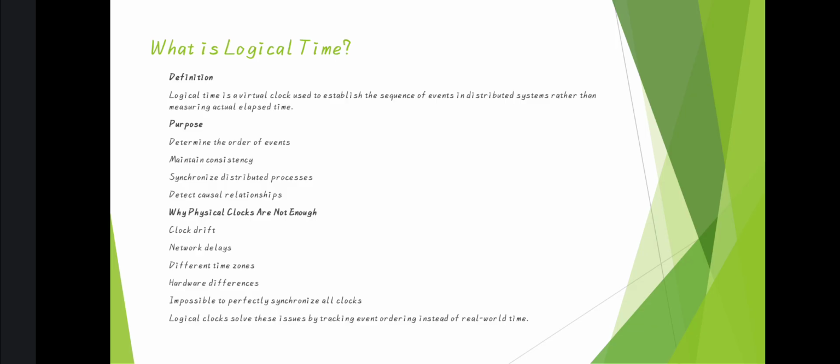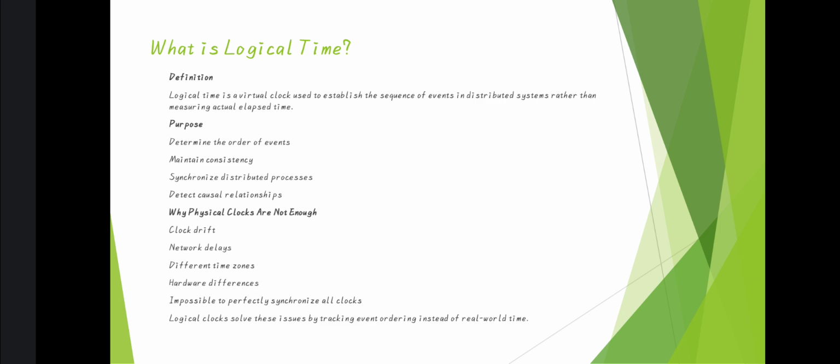Hardware differences: system A can have a different clock from system B. So it is impossible to perfectly synchronize all clocks. This is why the synchronization of physical clocks is not enough. Logical clocks solve these issues by tracking event ordering instead of real-world time.